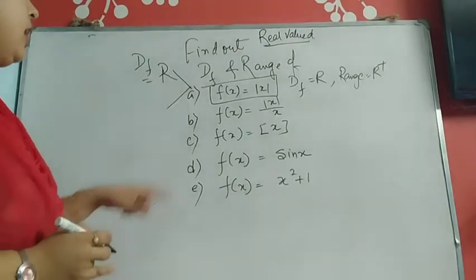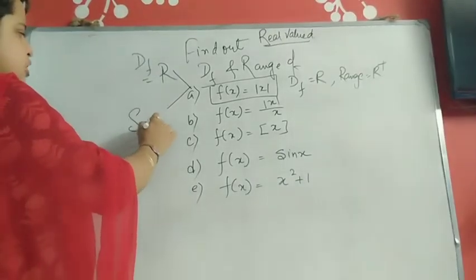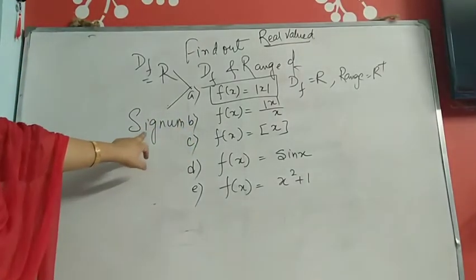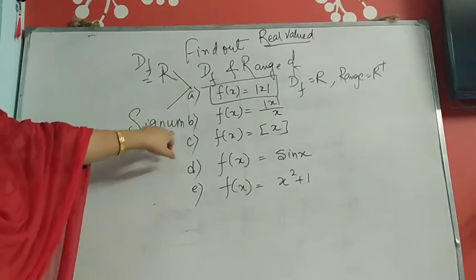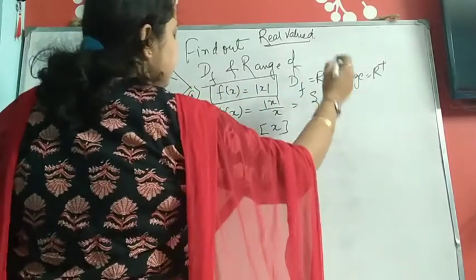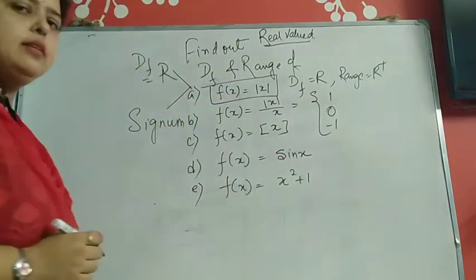Is it okay? Now what function is this? This is known as the signum function. See here children, this is known as the signum function. By the definition of the signum function, this is 1, 0, minus 1. Why is this so?